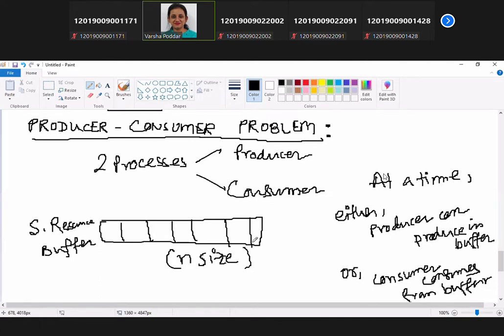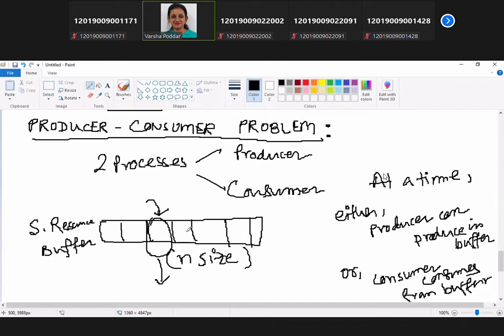Now see, suppose any one cell of the resource. In this cell, at a time, the producer producing and the consumer consuming cannot happen because this is a shared resource. So either the producer will produce and the consumer has to wait, or the consumer will consume and the producer has to wait, right? So for that, what is the algorithm?